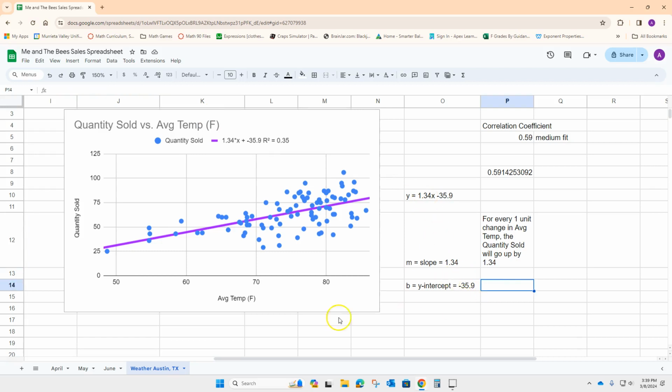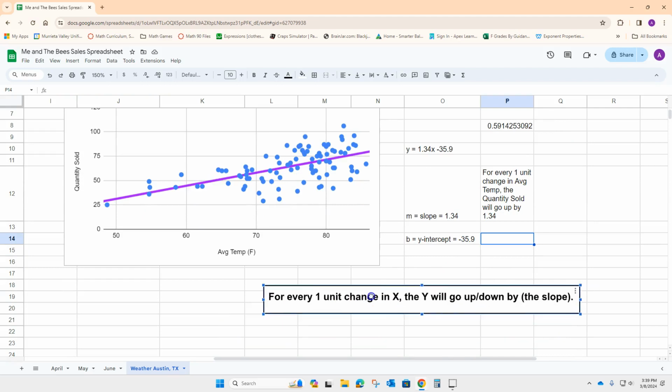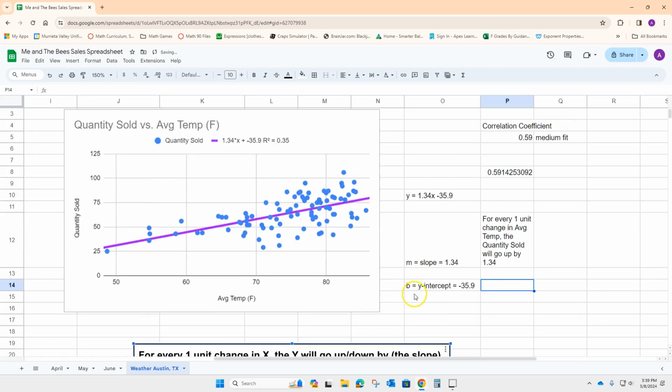All right, what does the y-intercept tell us? Well, this is just for the slope, so I can kind of get rid of that. The y-intercept, remember from your Math 1 or your Algebra 1 class, the y-intercept is the y value when x is 0. So quantity sold is your y, your x is your average temperature.